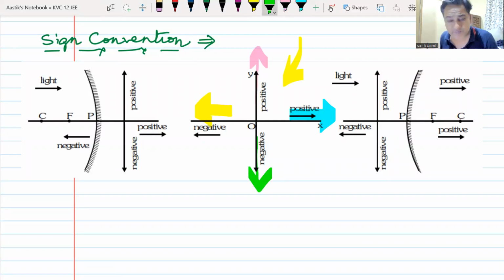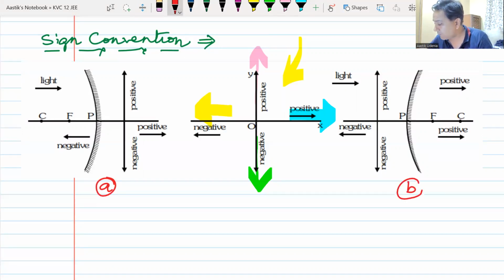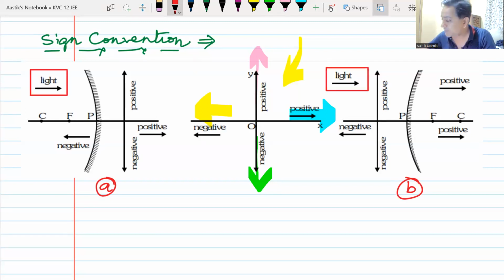Now the same sign convention holds true whether you have a concave mirror, which is side A on the left hand side, or a convex mirror, which is on the other side. Remember, light here is coming from the left hand side. That means the object is placed on the left hand side. Do we see this, my dear friends?